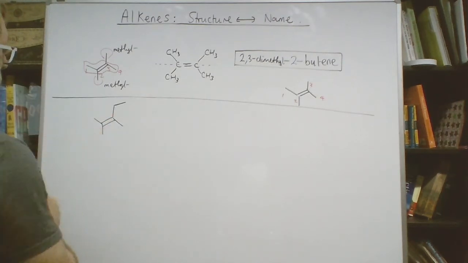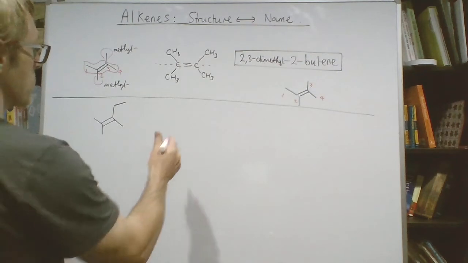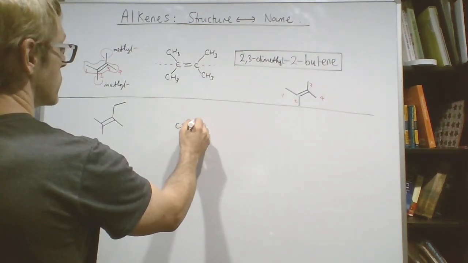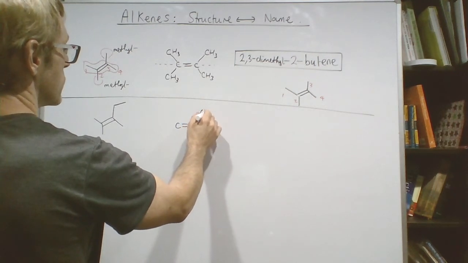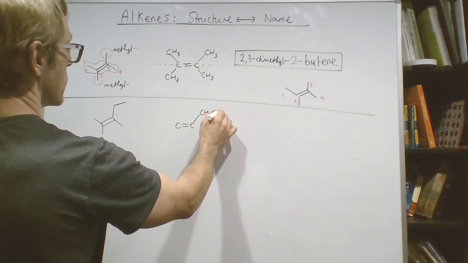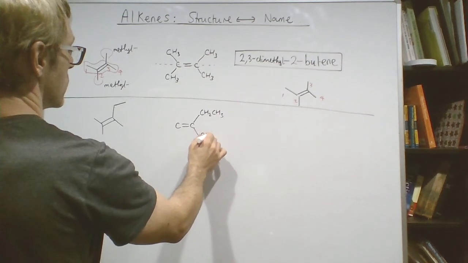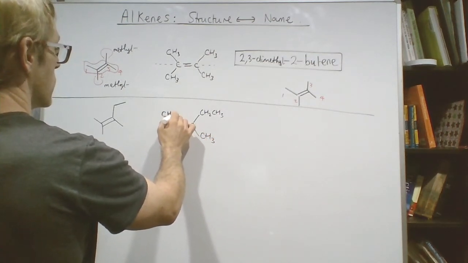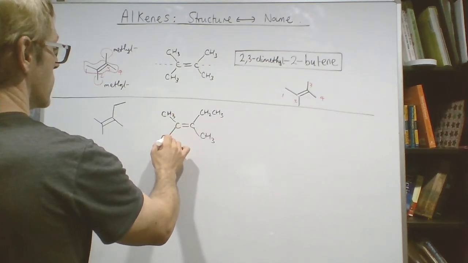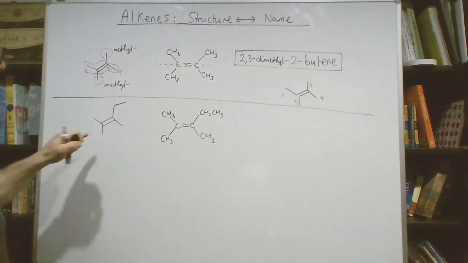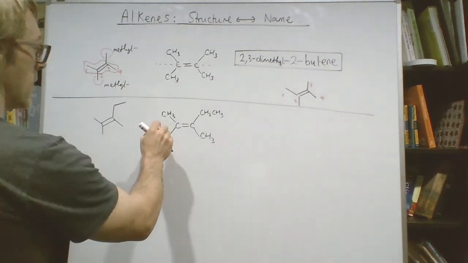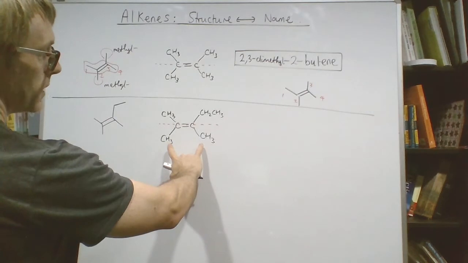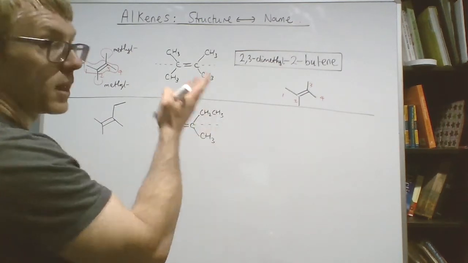In this structure, we don't have symmetry about the double bond. If I look down the axis of this structure, I have 2 methyls below, but I have a methyl and an ethyl above.